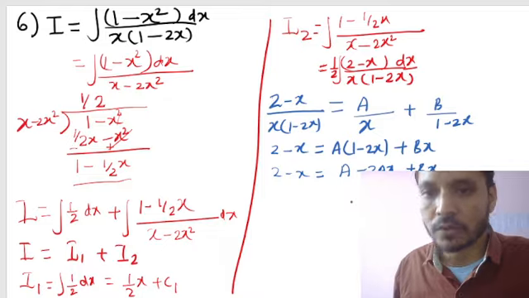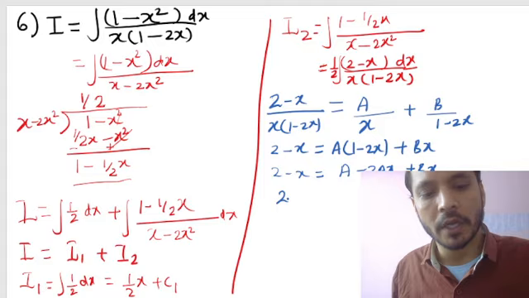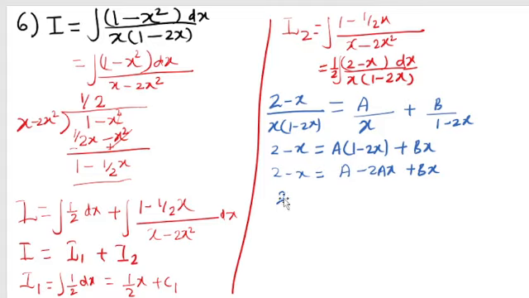We will take x common, so 2 minus x is equal to a, and here we take minus common, 2a minus b remains, with x. Now we can equate the coefficients.